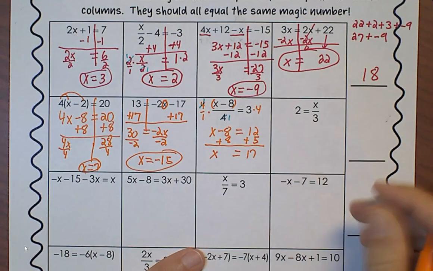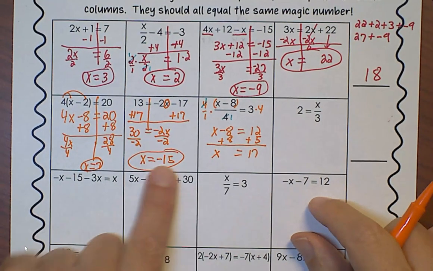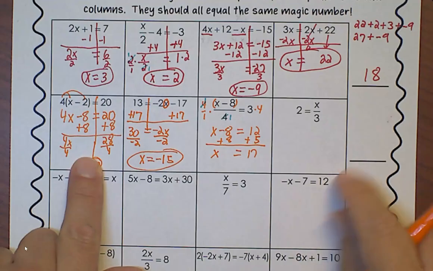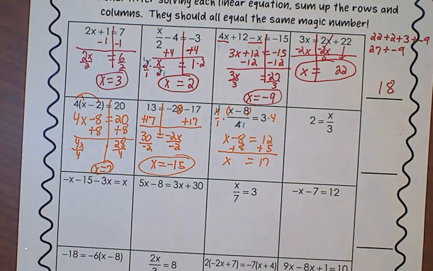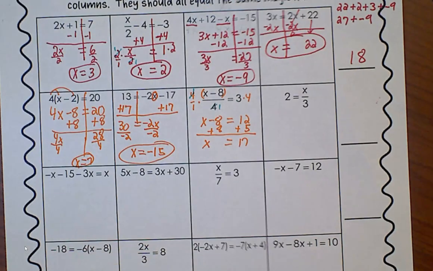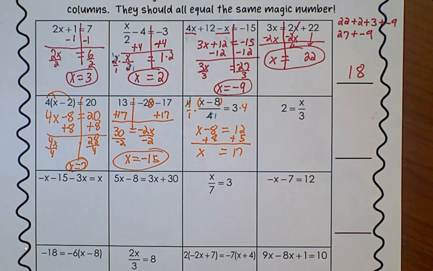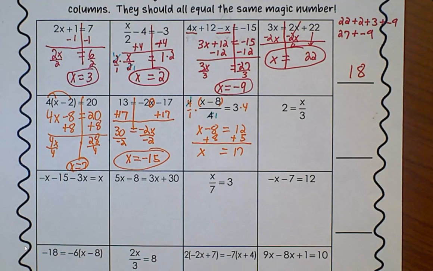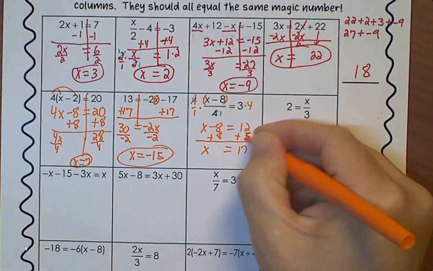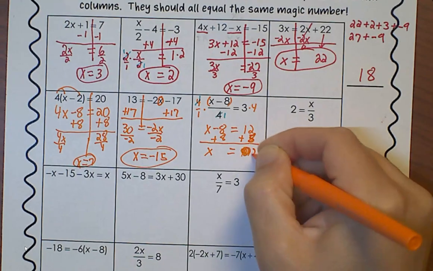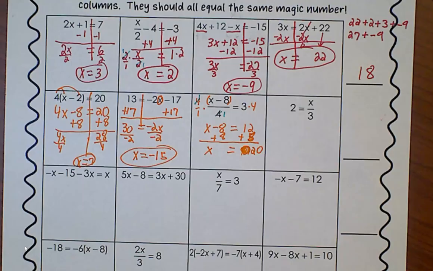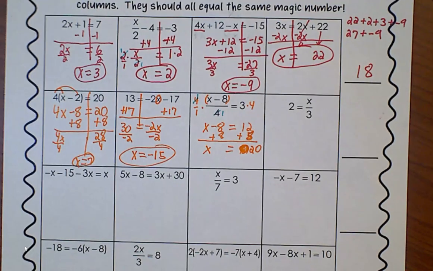Okay, so if I do 17 minus 15, that's 2. 2 plus 7 is 9. Did I do something wrong? Oh, I added 5. Okay, so let's see, 5, 12, yeah, 6.